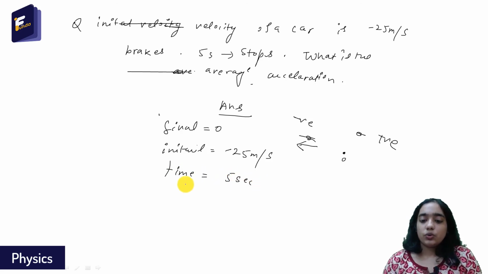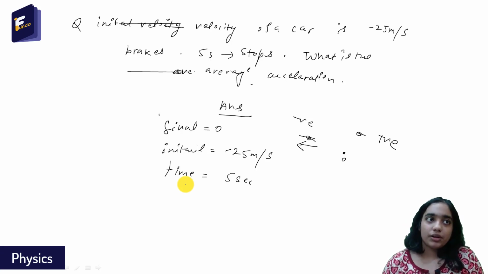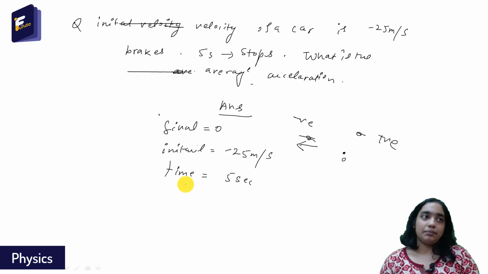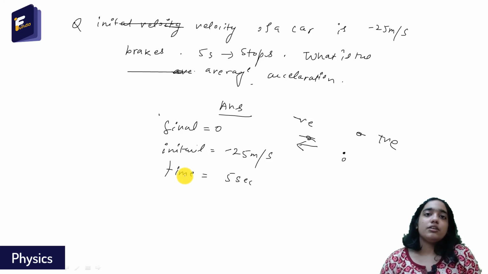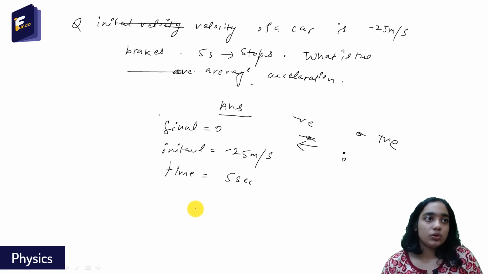As we already know, acceleration means change in velocity by change in time. So change in velocity is final velocity minus initial velocity, divided by time. The final velocity is 0, minus initial velocity, which is minus 25. Always put the velocity with its sign.